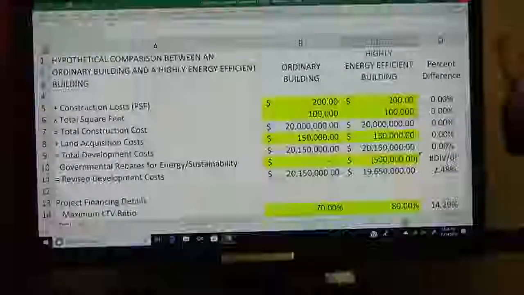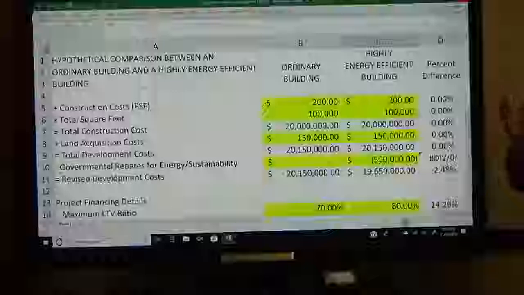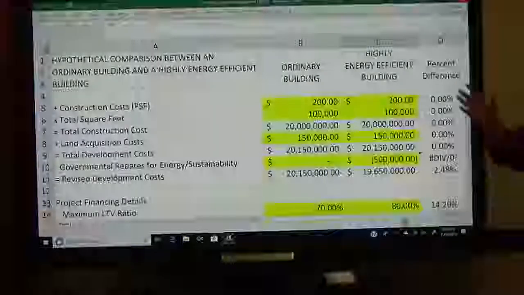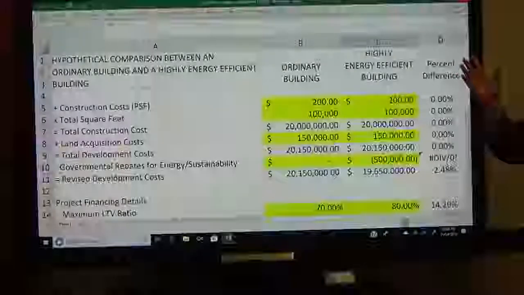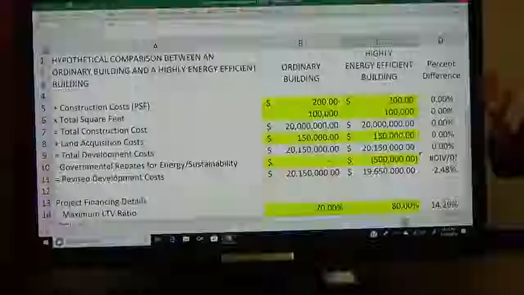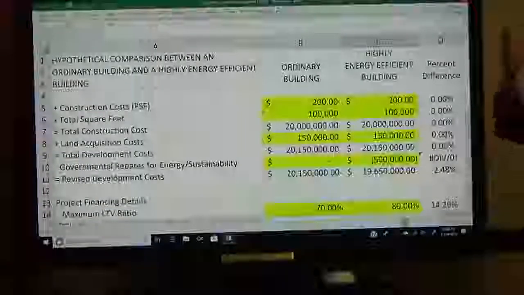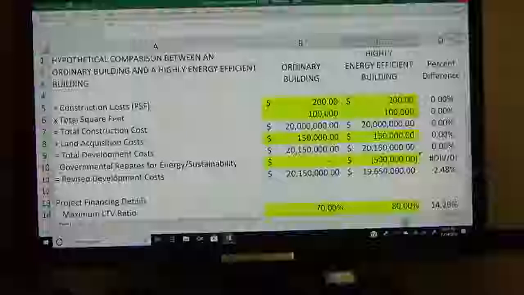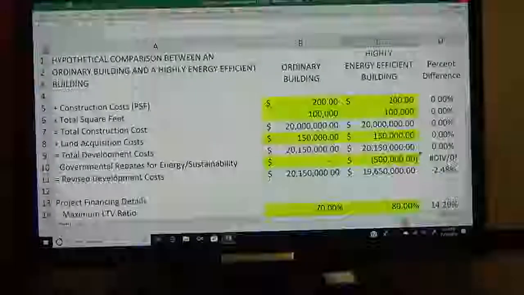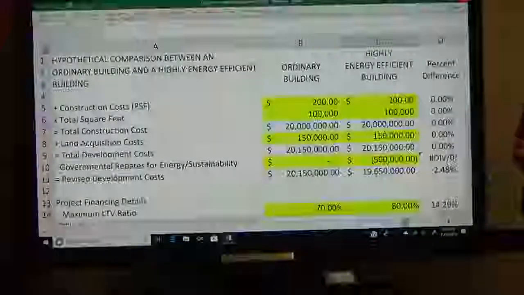We want to have a city with high development standards, ensuring that all buildings within our city are as energy efficient as possible and have long-term durability and so forth. And in a perfect world, hopefully that representation would occur.